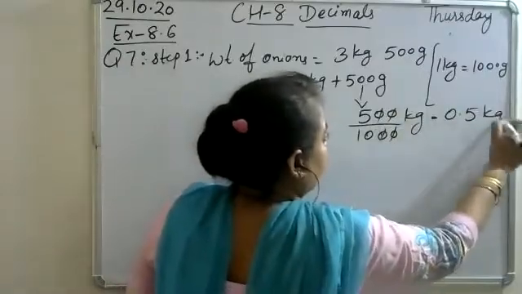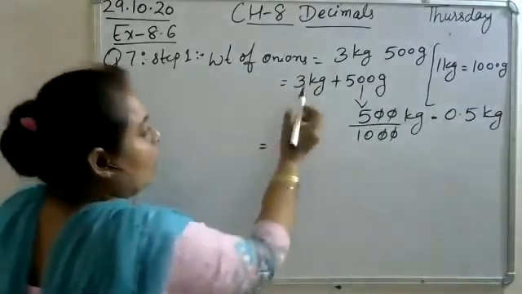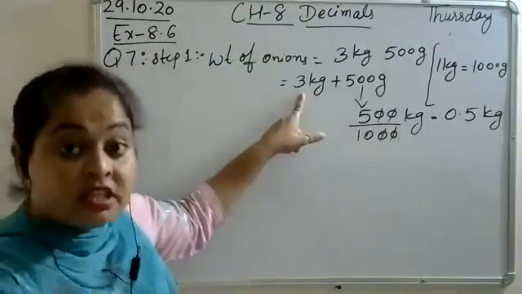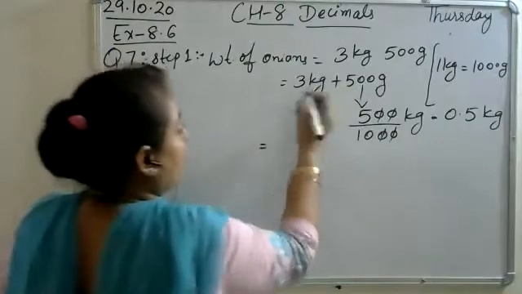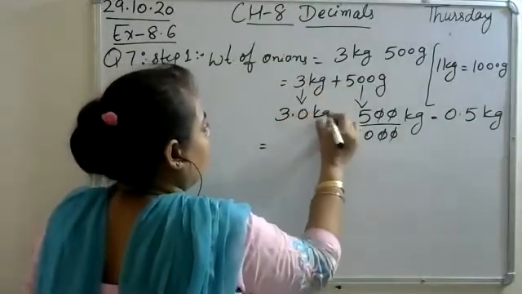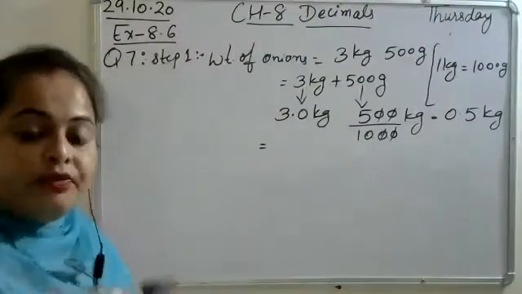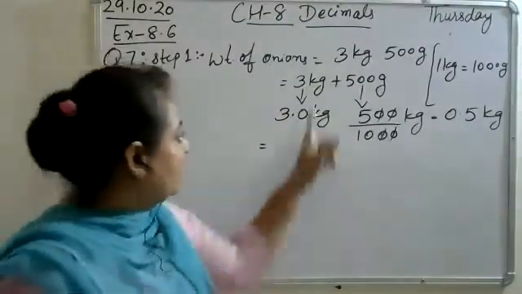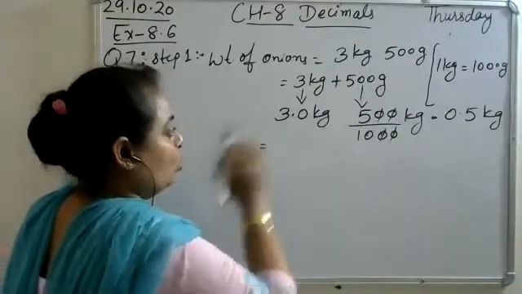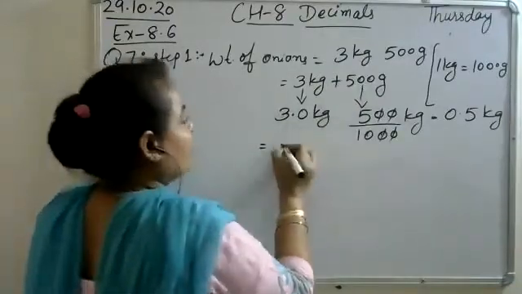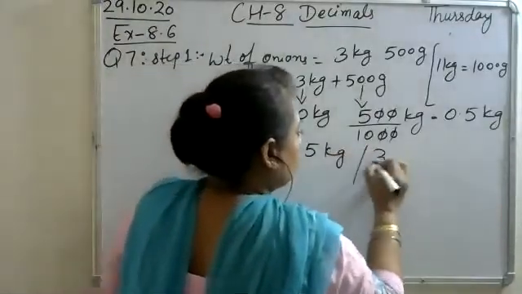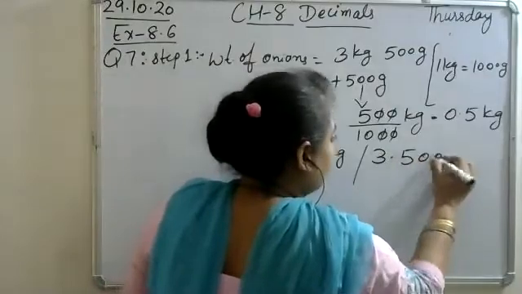So, after that, you will get 0.5 kilogram. So, after addition, this 3 is written, in term of decimal, as 3.0 kilogram. If we want to write any number in term of decimal, then we will put decimal here and write 0. So after addition, you will get 3.5 kilogram or 3.500 kilogram.